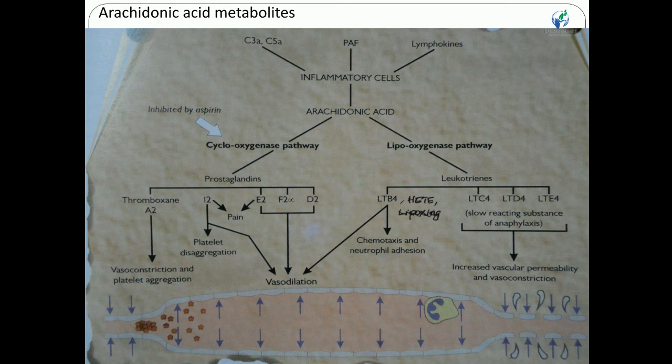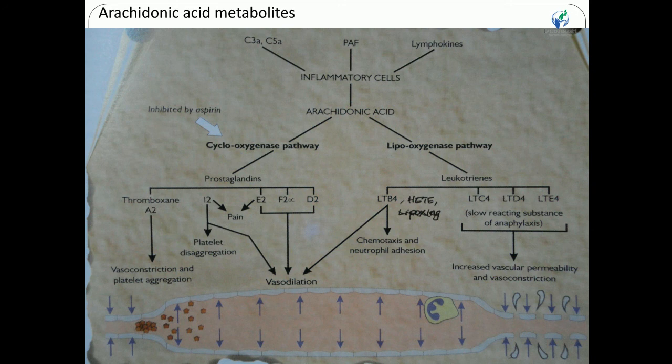While considering these two, the metabolites will be released by the cyclooxygenase pathway. Cyclooxygenase is a kind of enzyme, that is COX. Under the influence of this COX, there will be a release of prostaglandins, right?